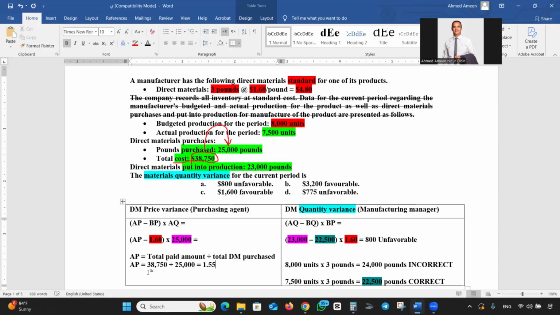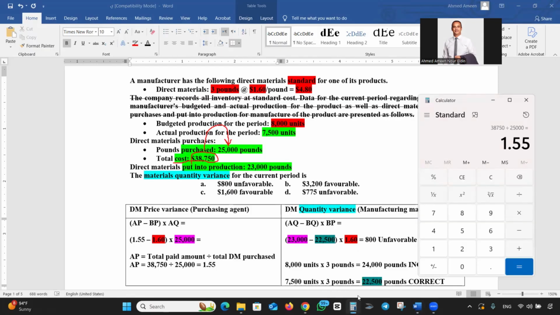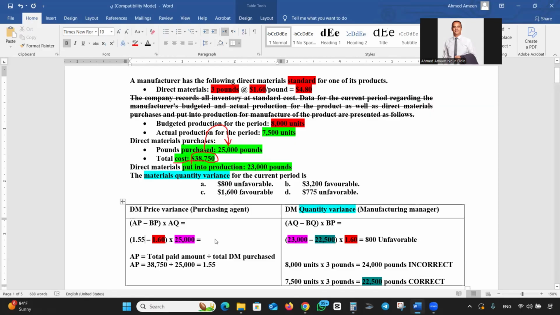Then we will write 1.55 here and calculate the price variance: 1.55 minus 1.60 multiplied by 25,000 is equal to negative 1,250, which is a favorable value. Why is it favorable?